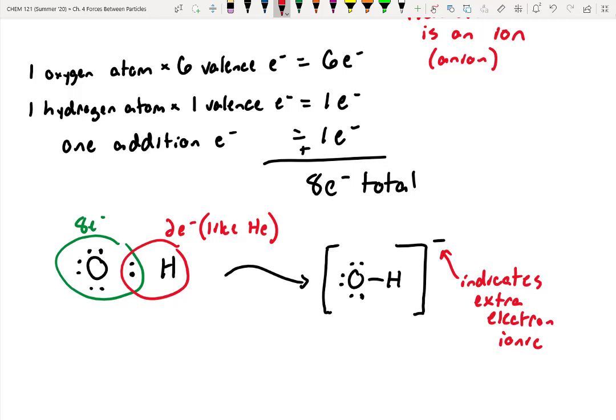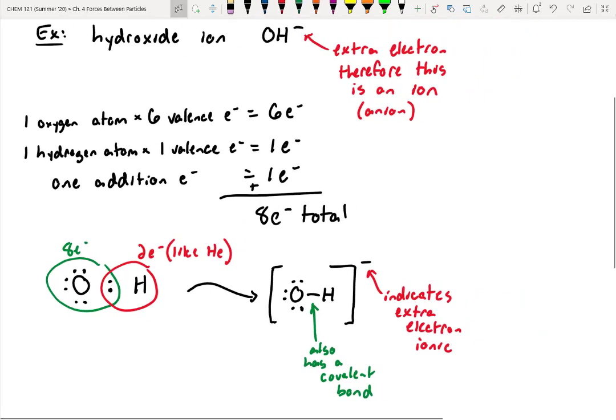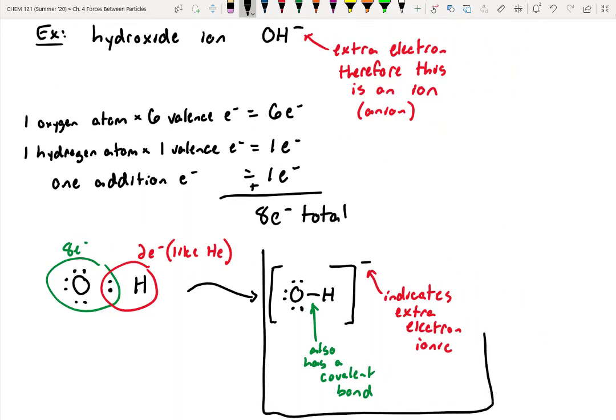However, like I said, polyatomic ions are weird because it also has a covalent bond. So this is the weird thing that we have to deal with when we're talking about polyatomic ions, is it's a covalent bonded species that also contains a charge, therefore it's ionic and has properties of covalent bonds.